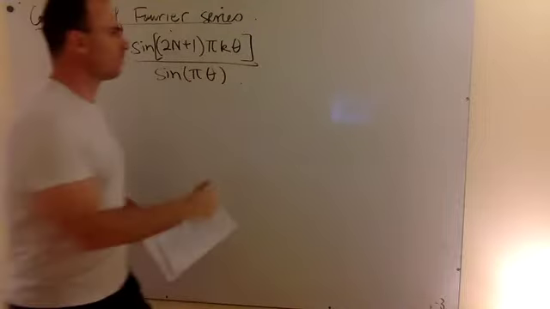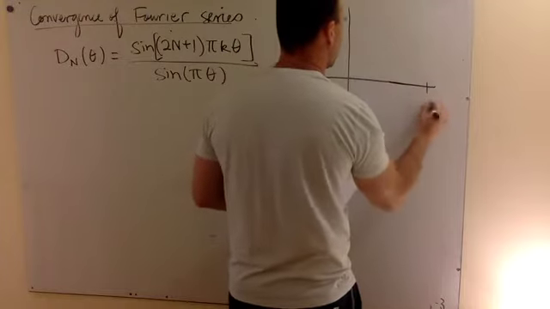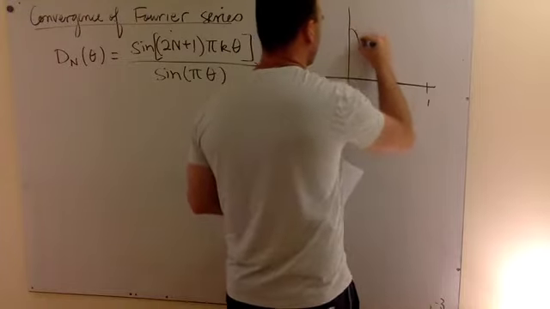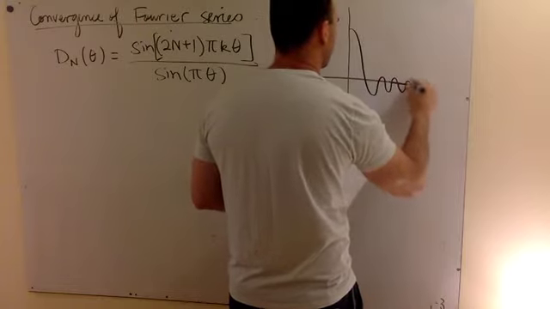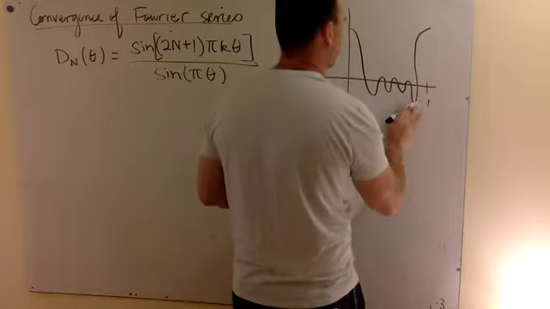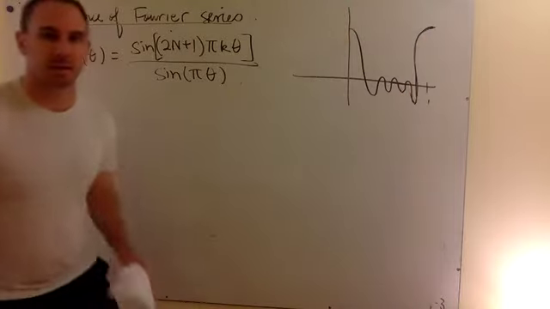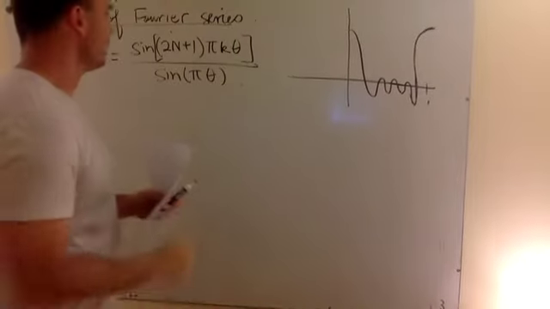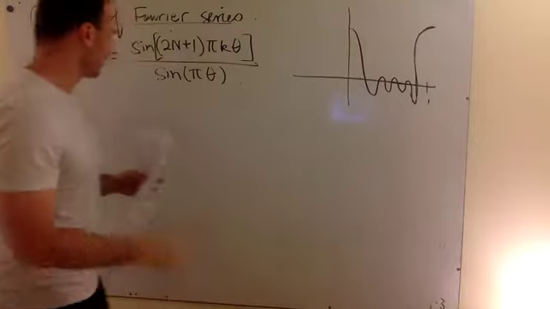And if you look at what this thing looks like, just in, say, 0, 1, it looks like this. And then as n gets larger, basically it adds more oscillations here.